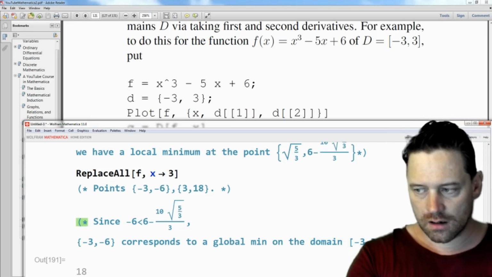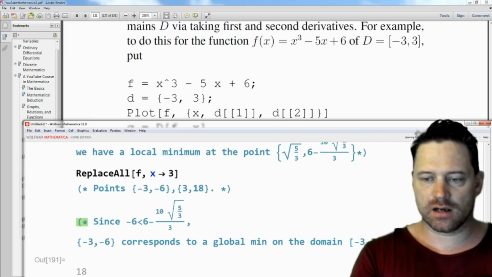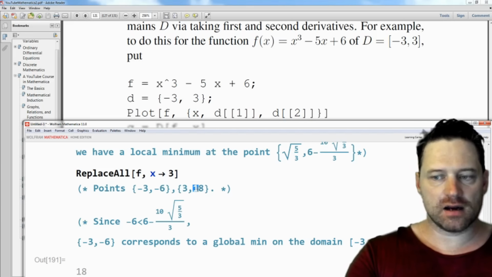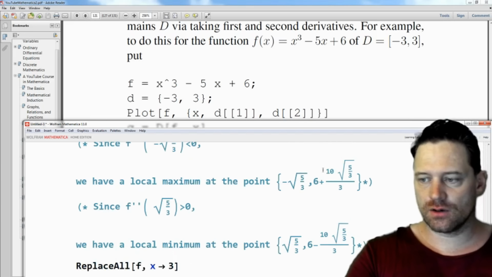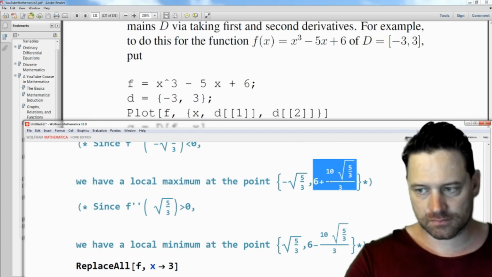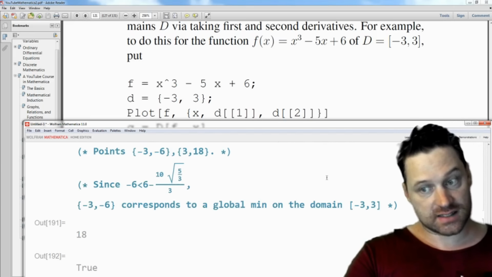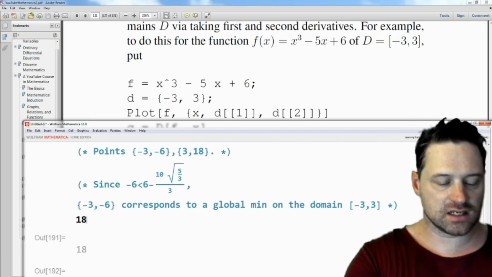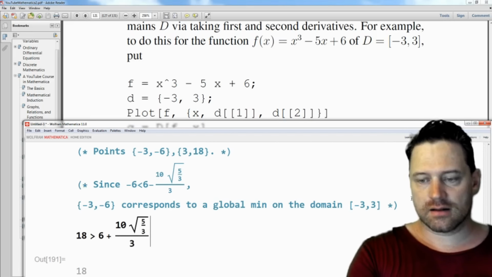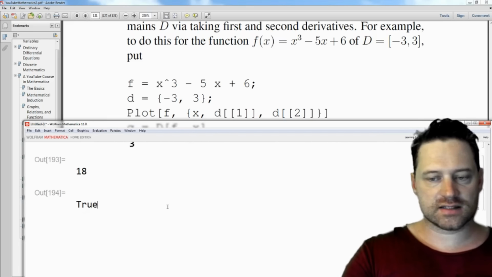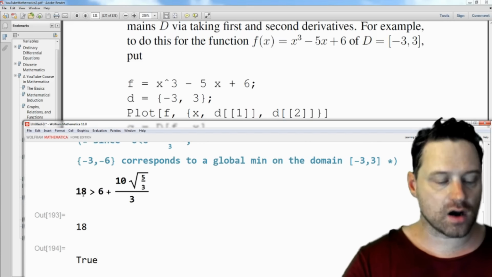Now what about the maxima? All we have to do is do the same. Compare this number 18 to this number right here. I'll copy that out. And I suspect that 18 is the bigger number, so I'll ask that question of Mathematica. Is 18 greater than this number? All right, yes, it's true. So let's turn that into a comment.